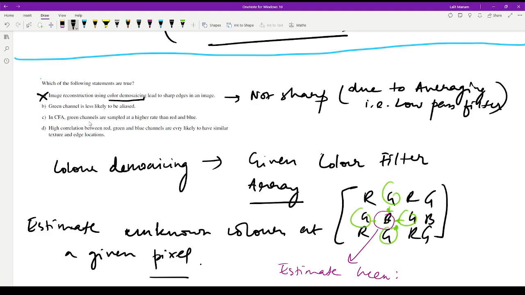Next: the green channel is less likely to be aliased. Is it right or wrong? I think they are assuming Bayer's model. Given Bayer's model, the green channel is less likely to be aliased. True or false?